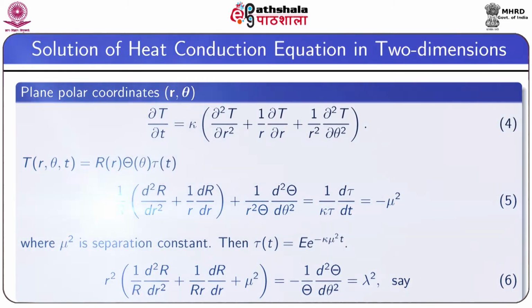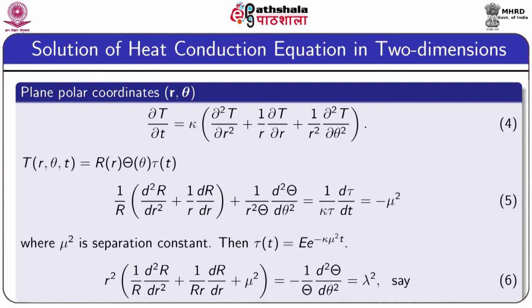Now, we are going to discuss the solution of the heat equation in the plane polar coordinate system. The heat equation in polar coordinate system is given in equation number 4. Now, we shall use the same procedure, that means the method of separation of variables, to find the solution.